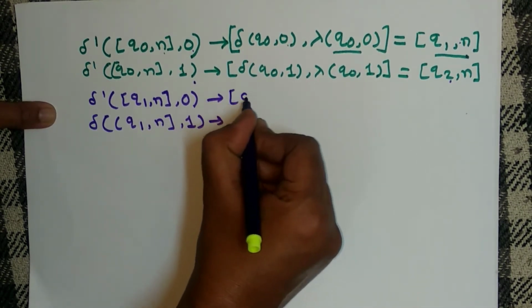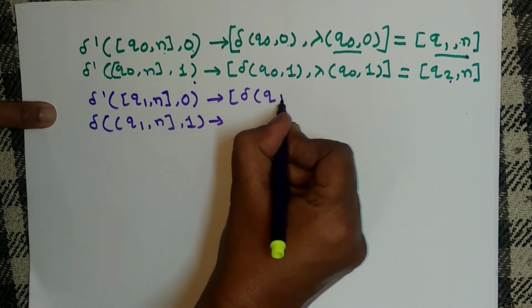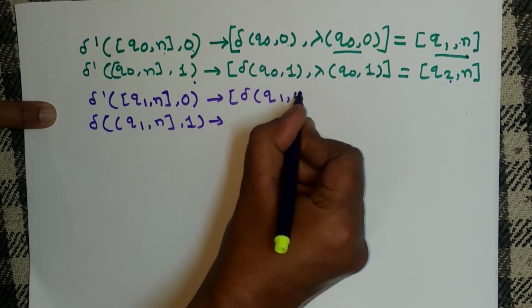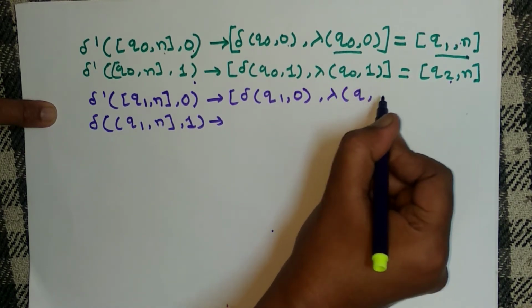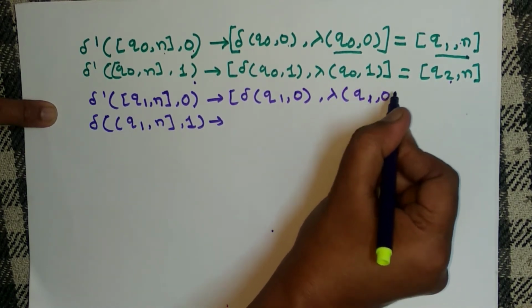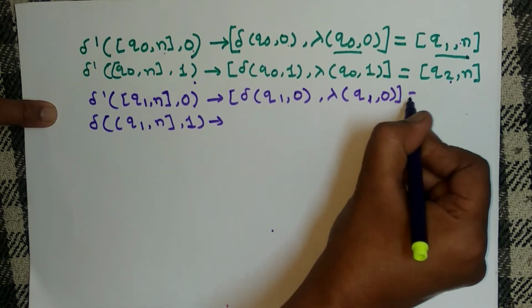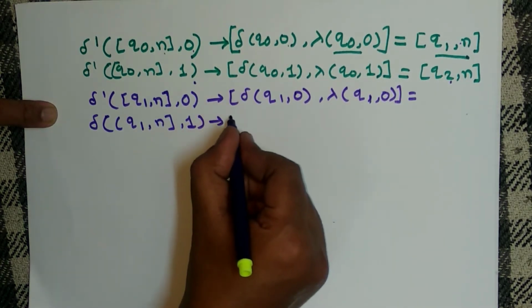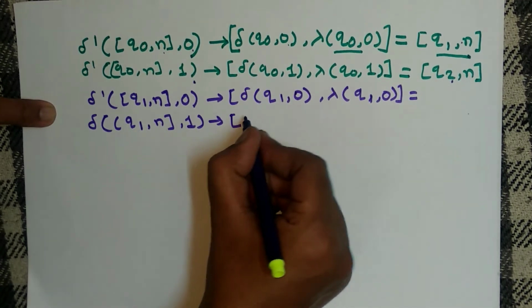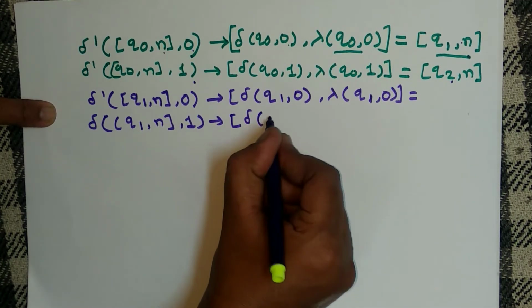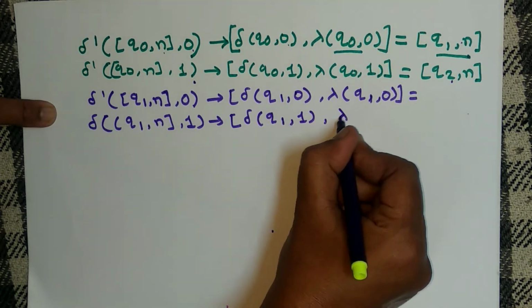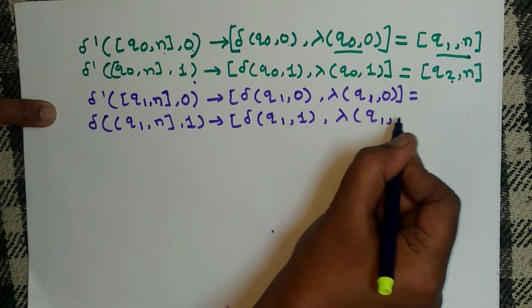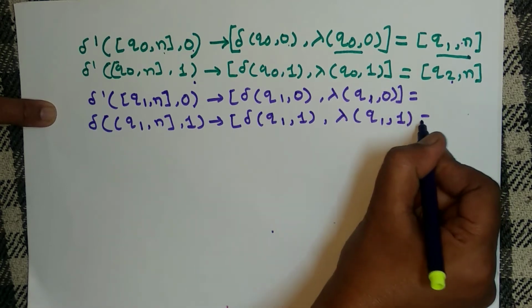Do the splitting: delta of Q1 over 0 and lambda of Q1 over 0. Next, delta of Q1 over 1 and lambda of Q1 over 1.